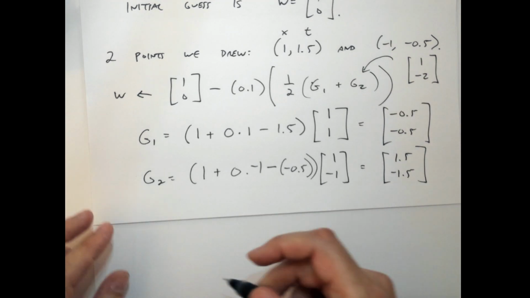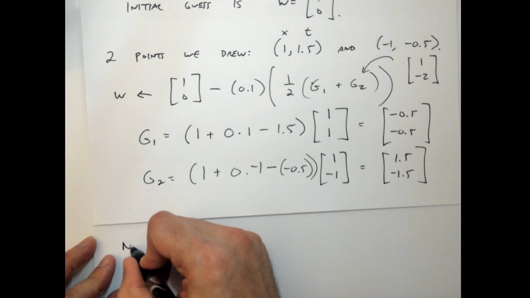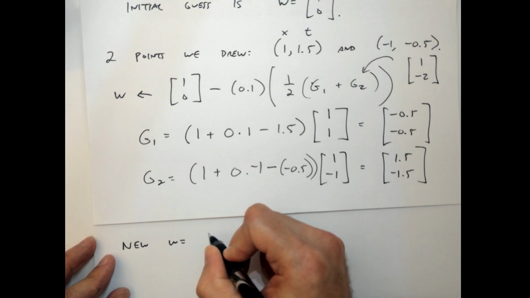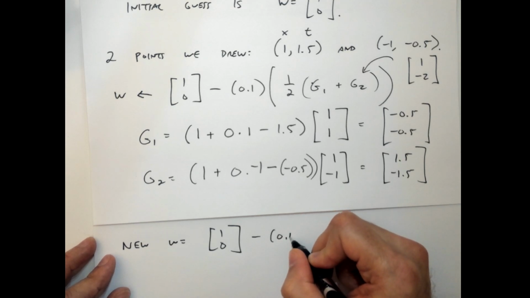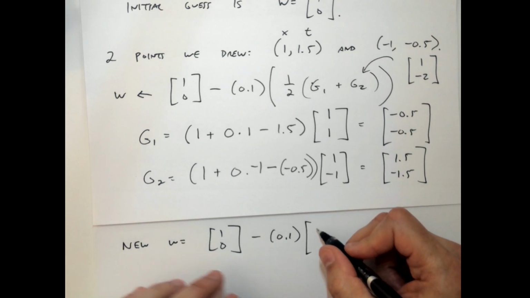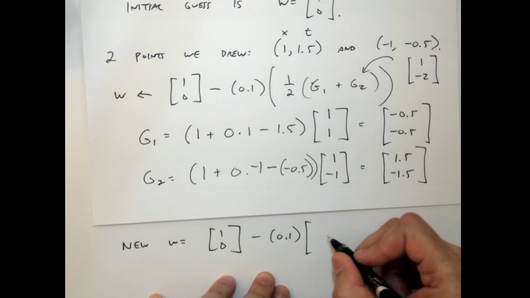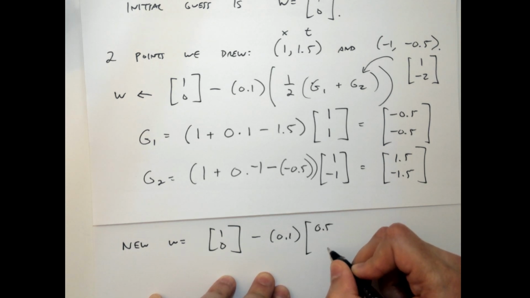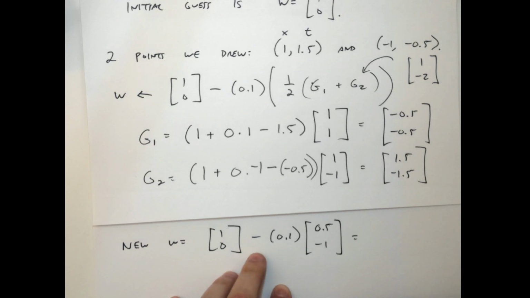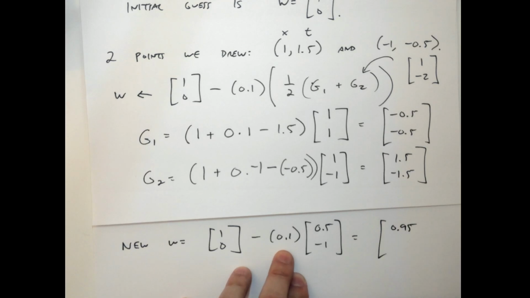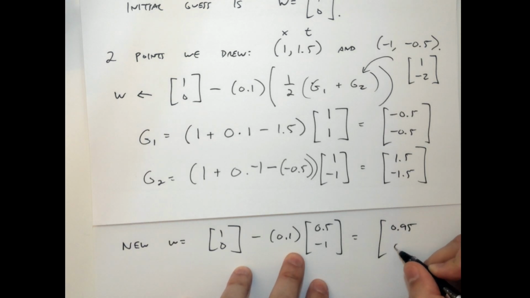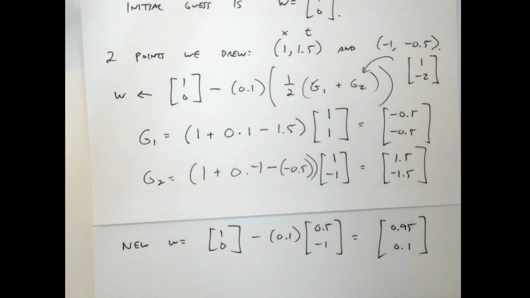So that's like saying that my new W is going to be 1, 0 minus 1/10 times 0.5, minus 1. So I'm going to be subtracting off 0.05, and I'm going to be adding 0.1. So that would be like doing one manual step of stochastic gradient descent, okay?